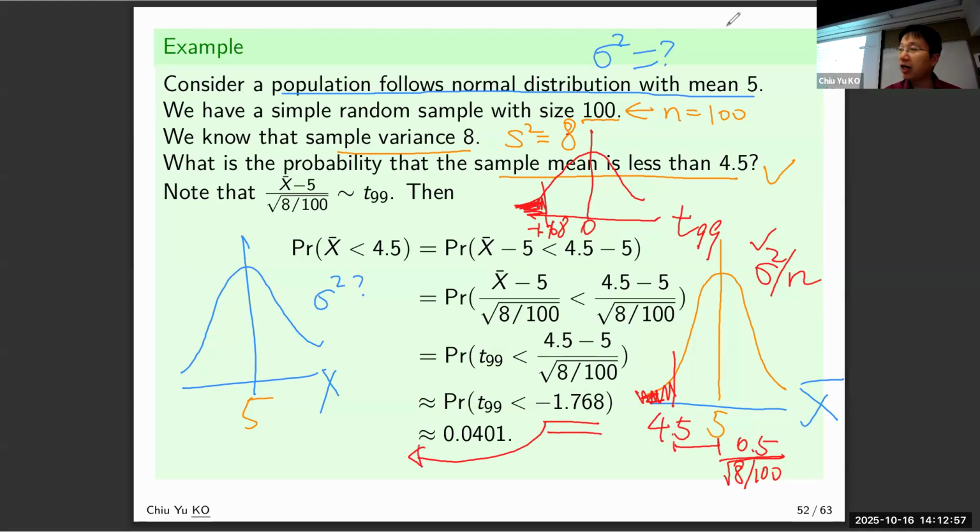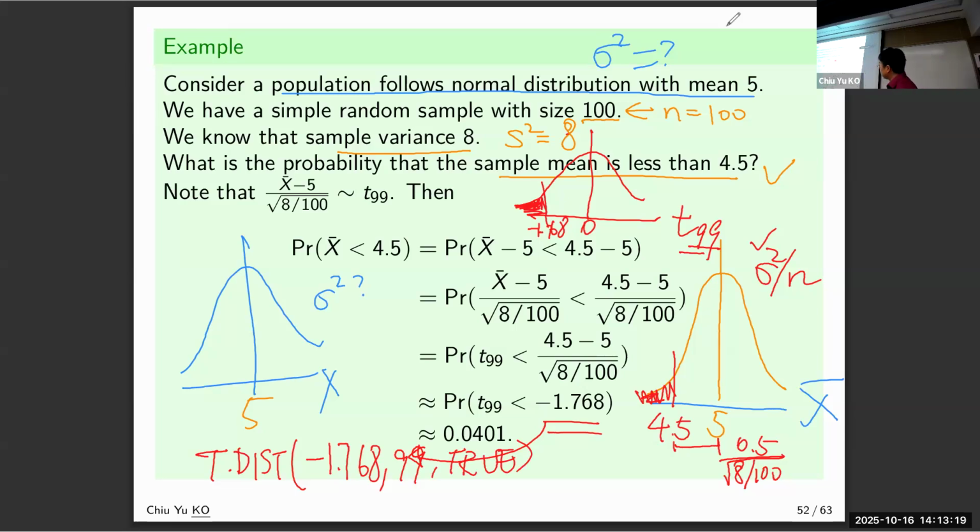This is the area on the left-hand side, so just use t dot dist at negative 1.768. Remember, you have 99 degrees of freedom, so put in 99 and then true, and that gives you the answer.